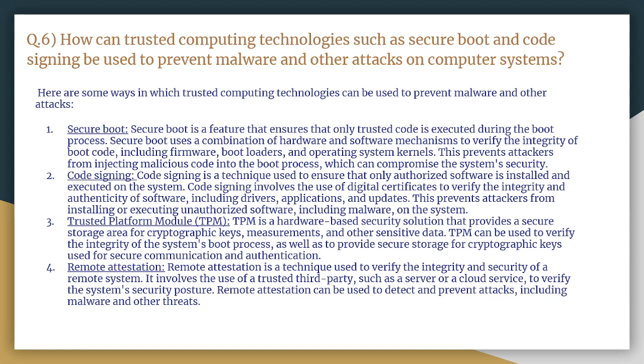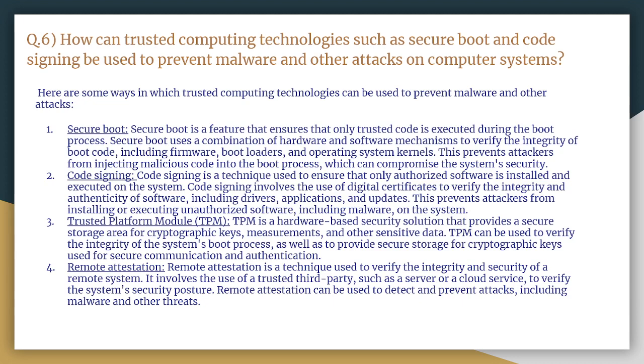Here are some ways in which trusted computing technology can be used to prevent malware and other attacks. Secure boot. Secure boot is a feature that ensures that only trusted code is executed during the boot process. Code signing. Code signing is a technique used to ensure that only authorized software is installed and executed on the system.